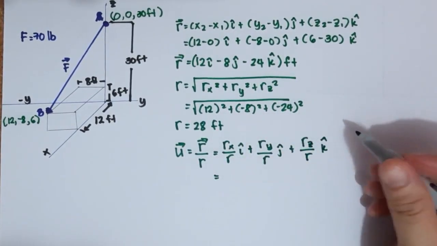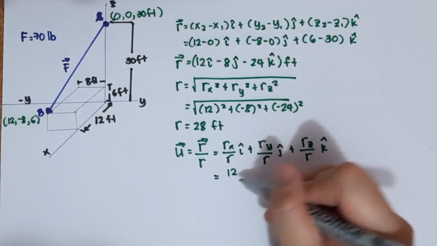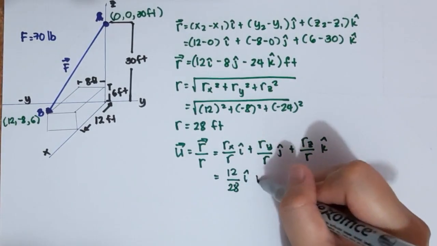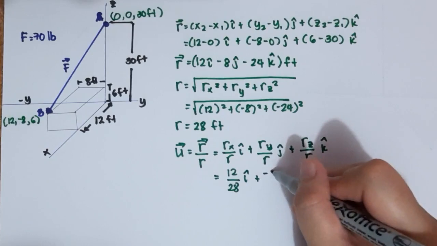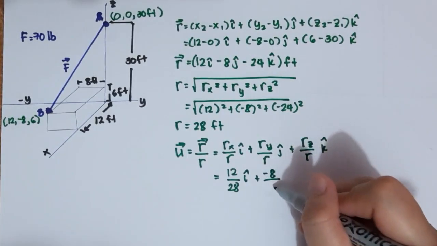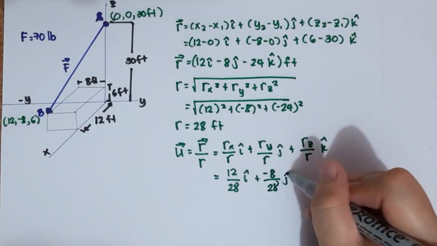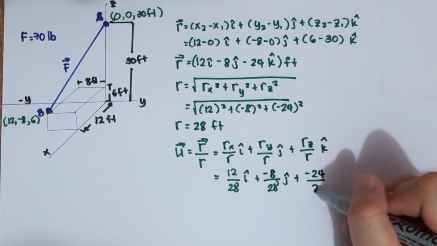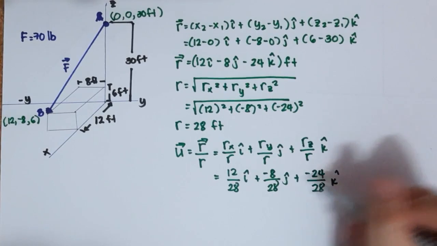And that will be 12 feet over 28 feet i hat plus negative 8 over 28 j hat plus negative 24 over 28 k hat.